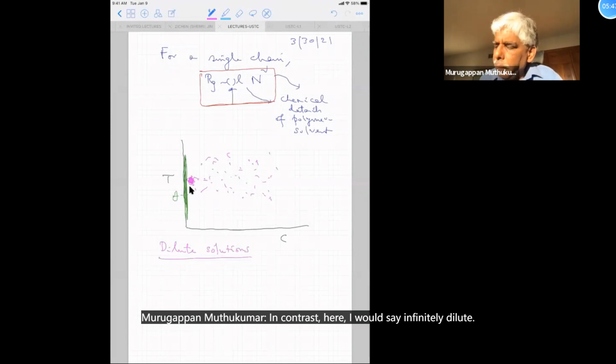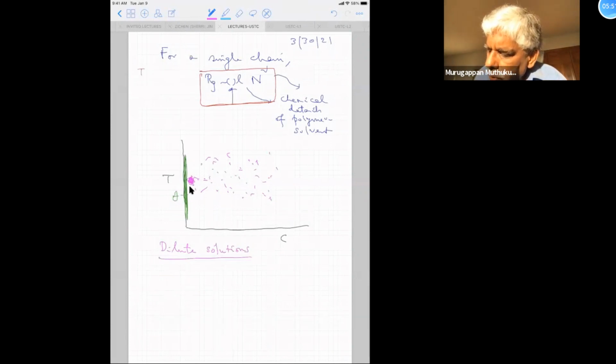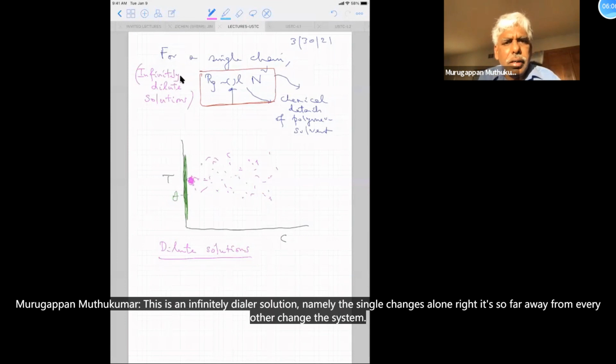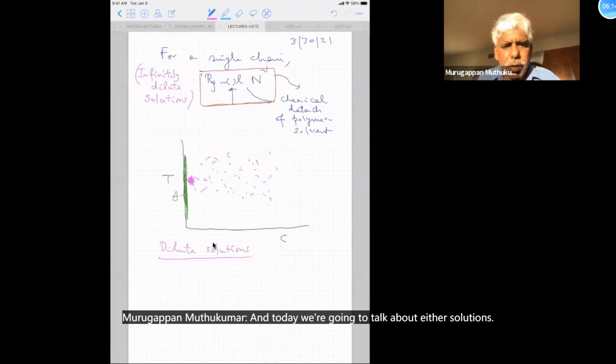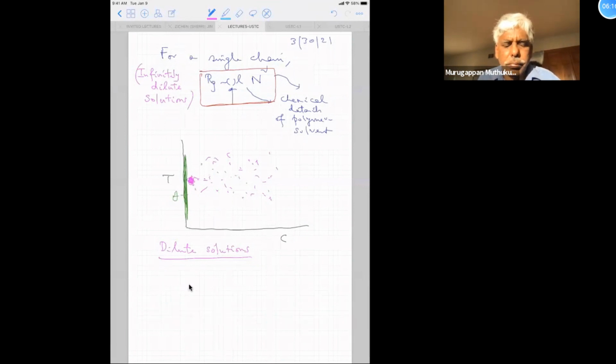In contrast, here I would say infinitely dilute. This is an infinitely dilute solution, namely a single chain is alone, far away from every other chain in the system. And today we are going to talk about dilute solutions.